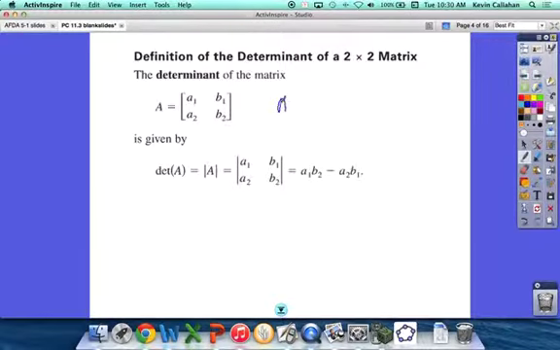The inverse would be 1 divided by the determinant, and then inside you would switch these two, so it'd be B2, and you don't need to write this down. This is just trying to show you where this math comes from. And then you put minus signs in front of the other two.